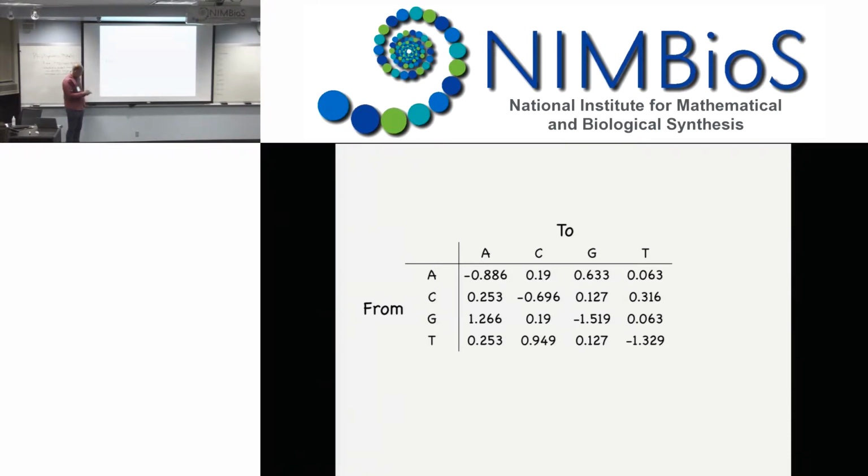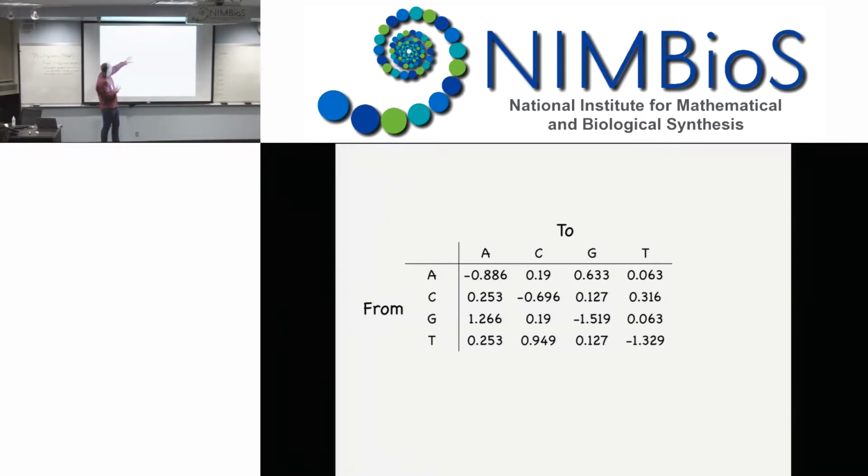And then you'll see that there are 4 additional numbers here which are negative. The way to interpret these numbers is they're the rate of change away from that nucleotide. So for instance, if we have a rate of change from A to C, A to G, A to T, then the rate of change at which we're going away from A is going to be the sum of these numbers, but negative.